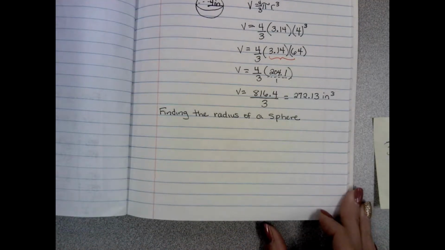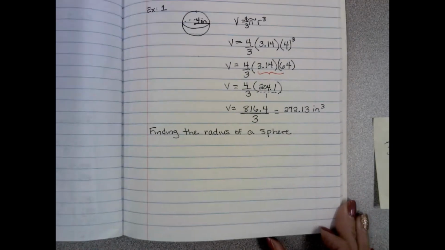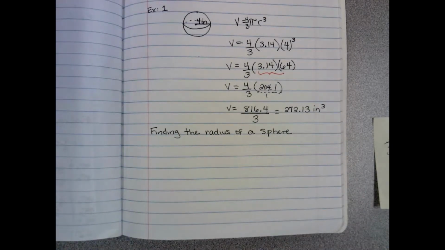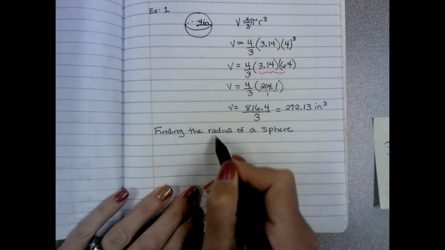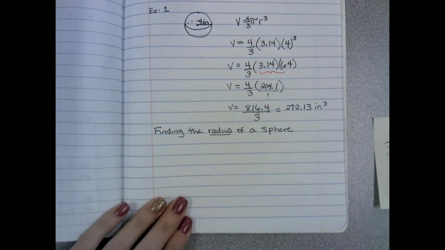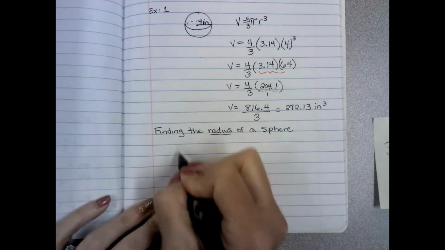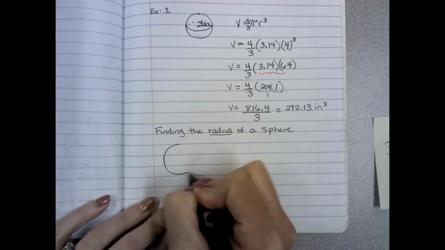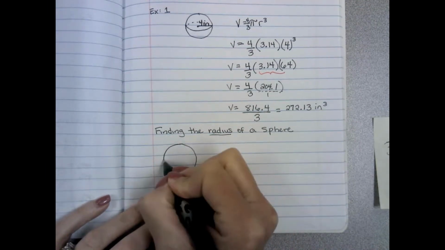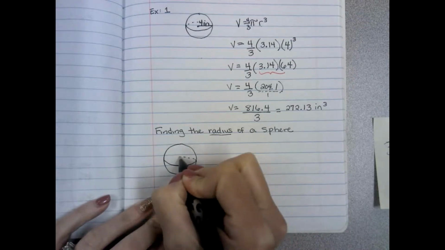We're going to use the formula for volume of a sphere in order to find the radius. So I'm going to start by sketching a sphere. Trying to give it that three-dimensional appearance.